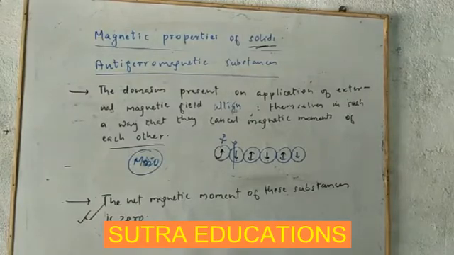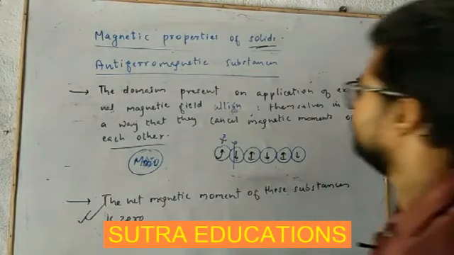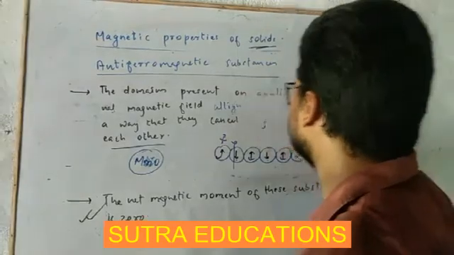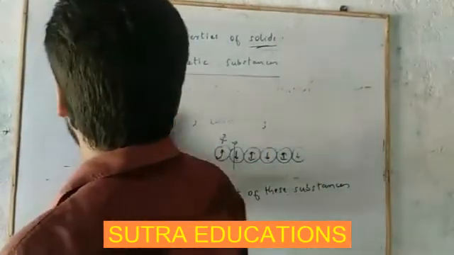And what are ferromagnetic substances? In case of ferromagnetic substances, what happens?